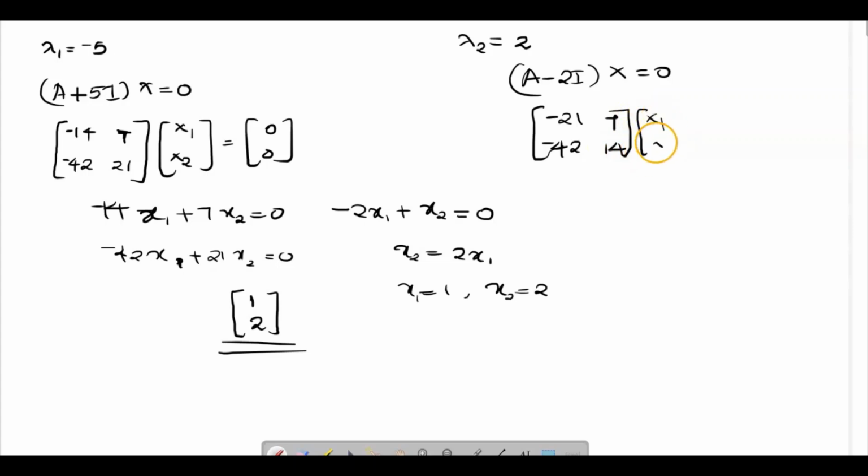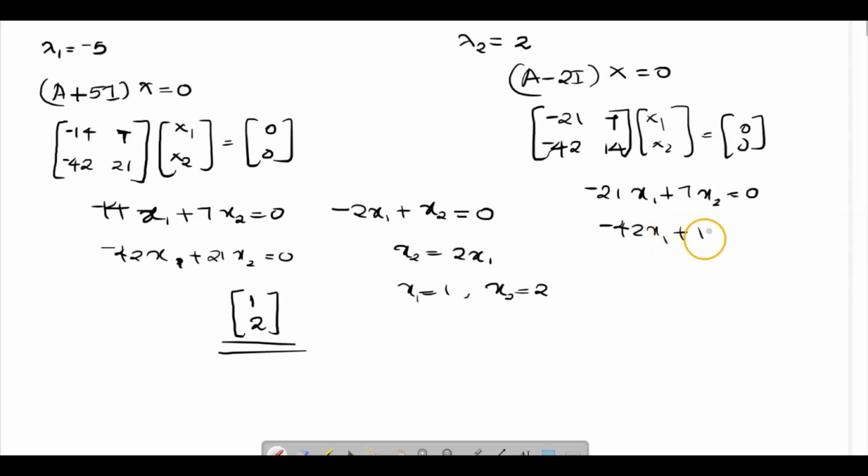Okay, x1, x2 equal to 0, 0. So minus 21 x1 plus 7 x2 equal to 0. Minus 42 x1 plus 14 x2 equal to 0.